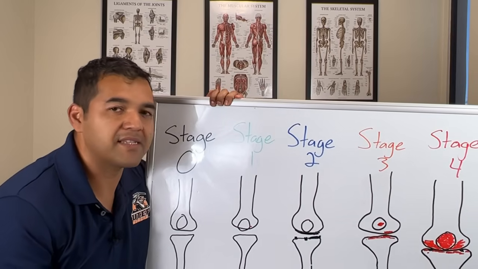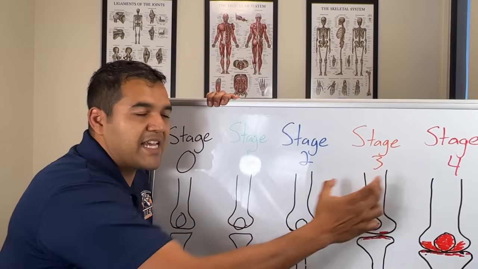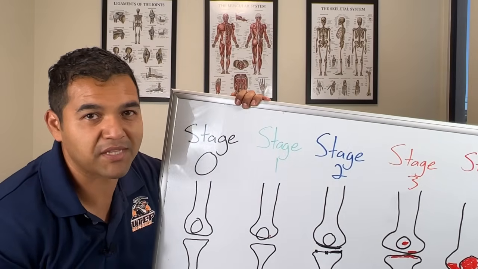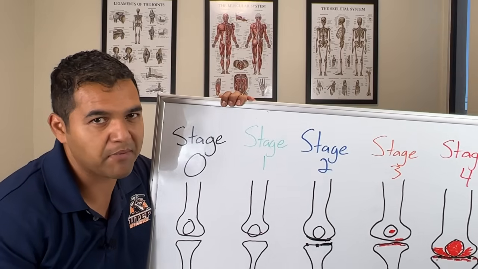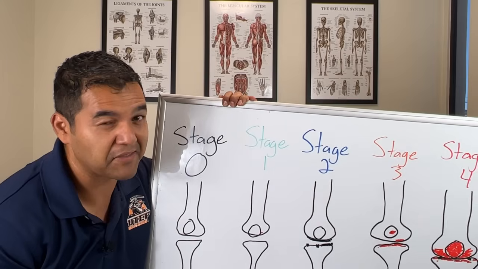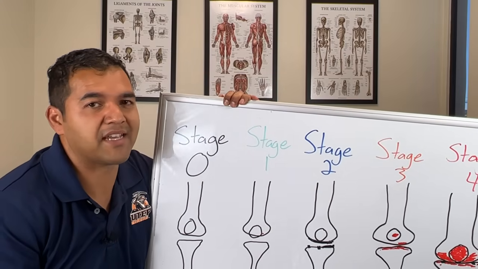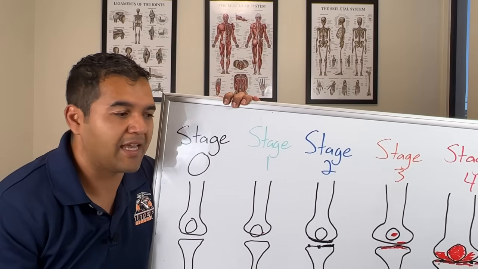In stage 4, it's getting bad. If they haven't gone to the doctor in stage 2, in stage 3, what people are usually doing is they know they should go to the doctor, but they don't, or they're afraid of going to the doctor. Because, you know, there are people out there that don't want to go see the doctor, if you're out there. And you know it's going to be arthritis, and you're probably worried that the doctor is going to tell you that you need a knee replacement. And you know what?